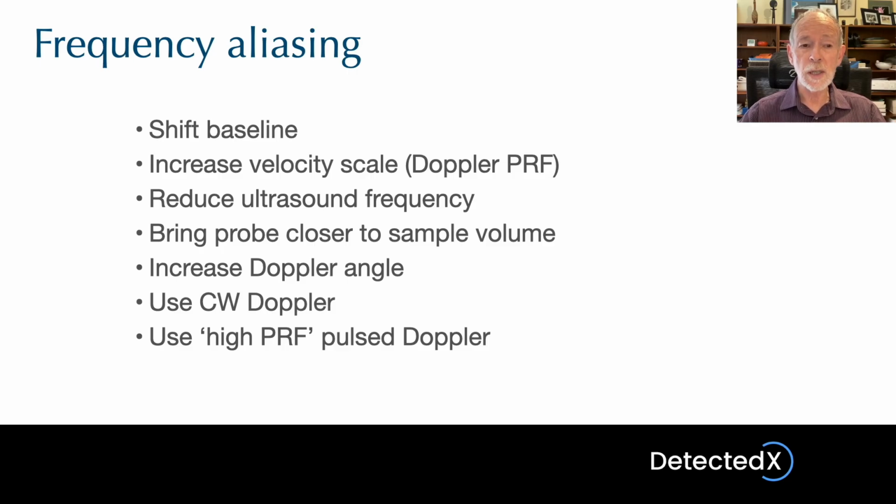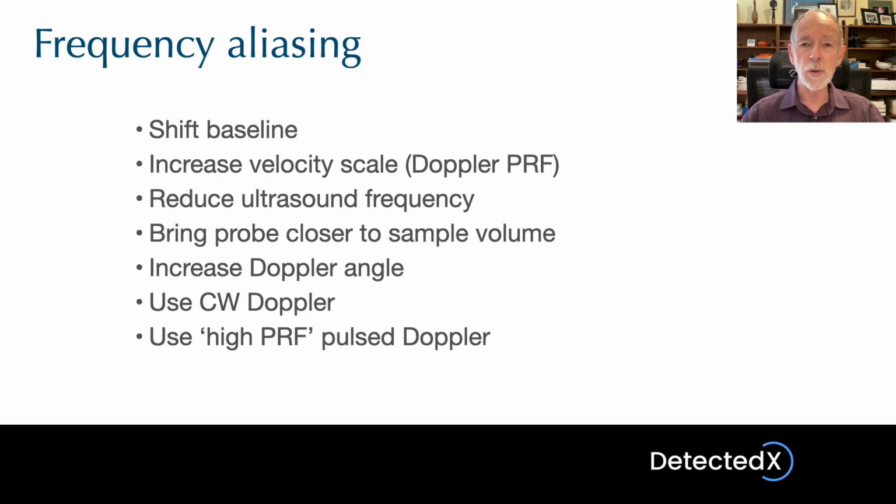The Doppler equation tells us that the Doppler shift is proportional to the ultrasound frequency. So for a given velocity, if I reduce the ultrasound frequency, the Doppler shift will be lower, and therefore aliasing will be less likely. Another thing that I can potentially do is to reduce the distance between the probe and the point of measurement.